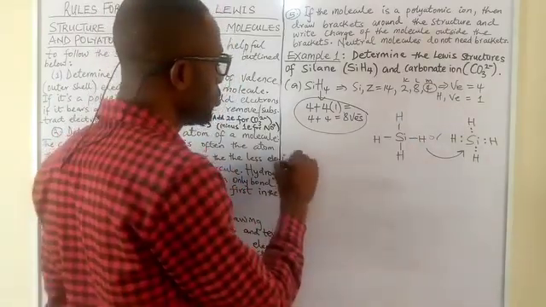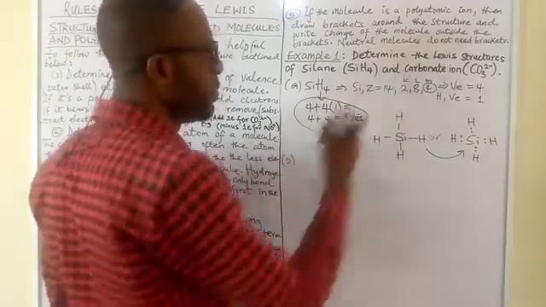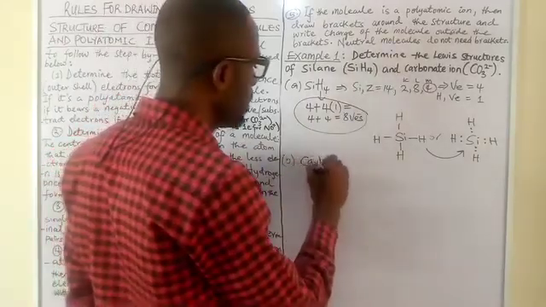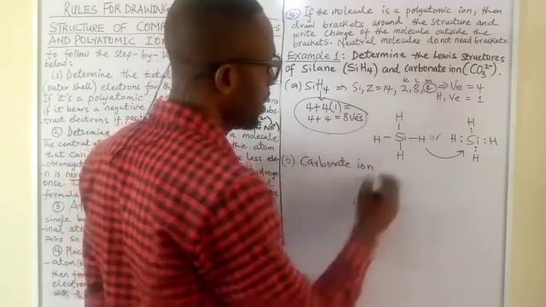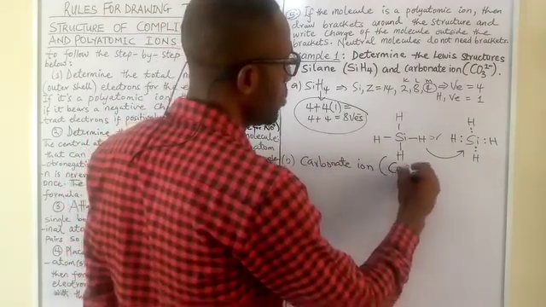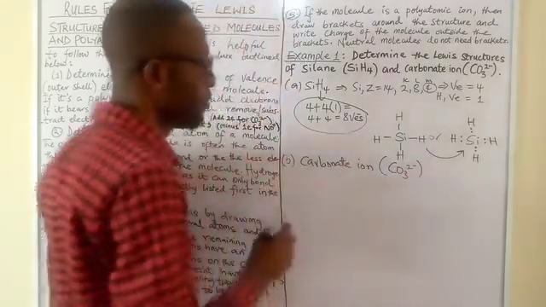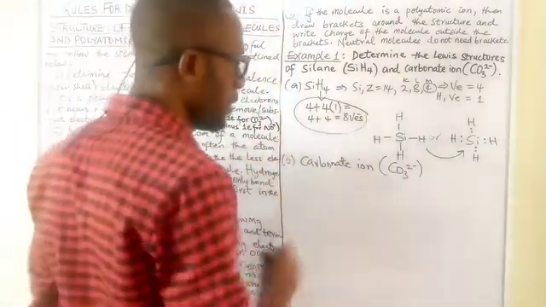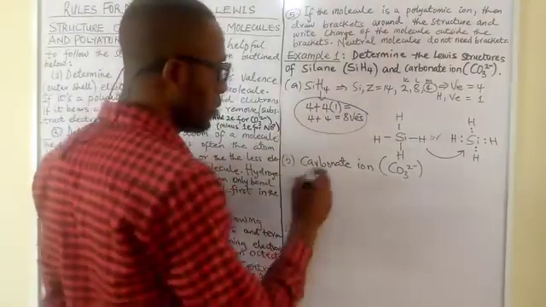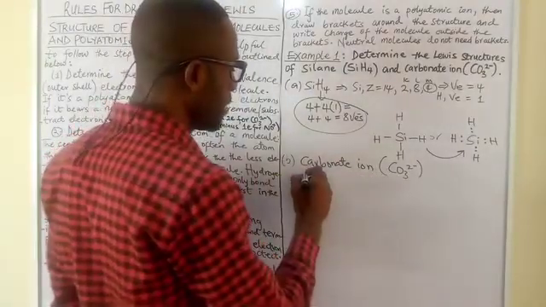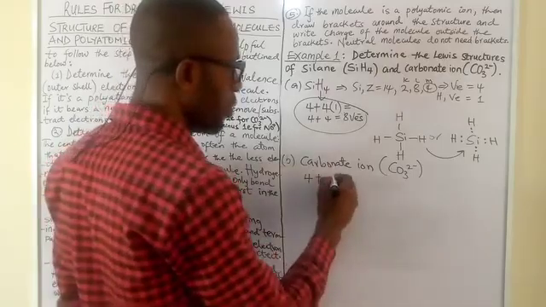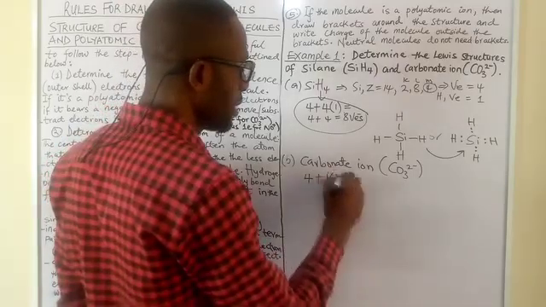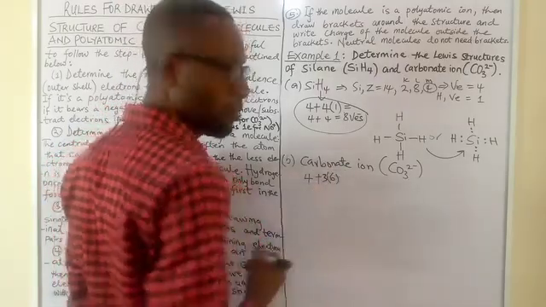Then if we want to draw the Lewis structure of the carbonate ion, CO3 2-, first of all, let's determine the total number of valence electrons in the molecule. Carbon has 4 valence electrons, oxygen will always have 6 valence electrons. In this case, we have 3 atoms of oxygen.